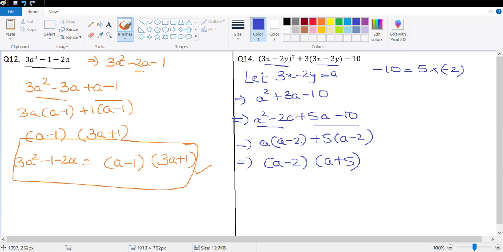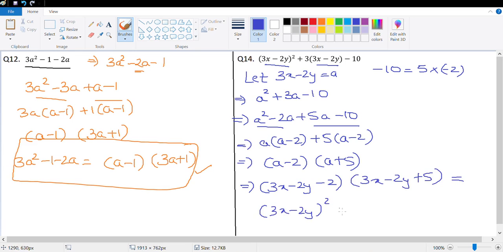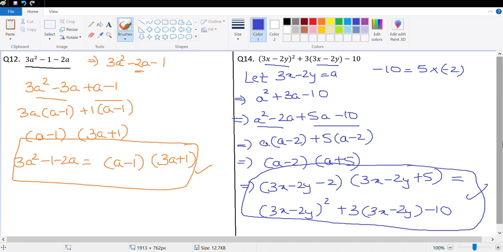Now put a is equal to 3x minus 2y, and what we get is 3x minus 2y minus 2 multiplied with 3x minus 2y plus 5. And this is equal to 3x minus 2y the whole square plus 3 times 3x minus 2y minus 10. Perfect. Let's look at the next one.